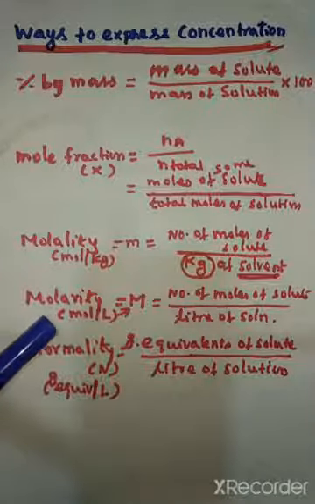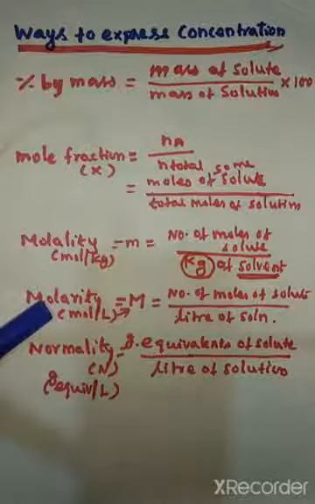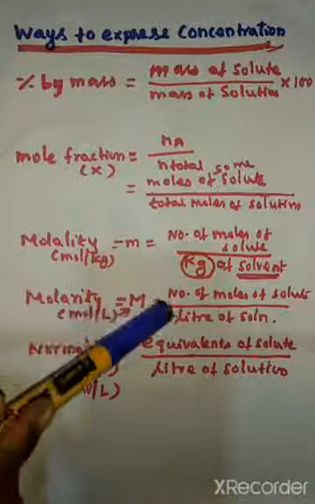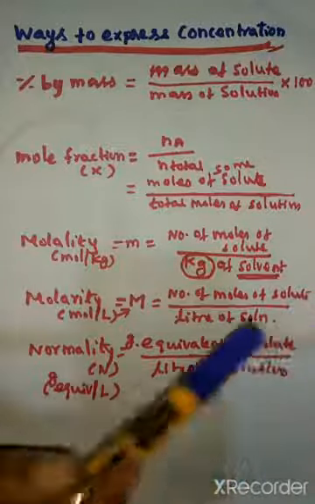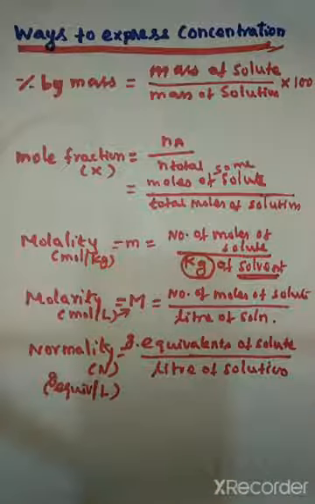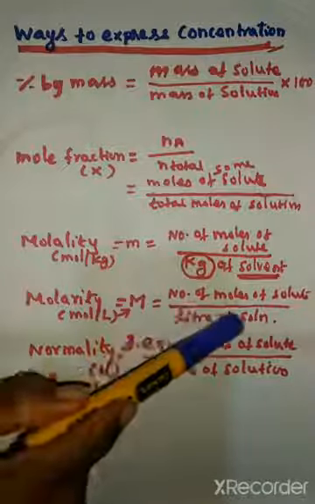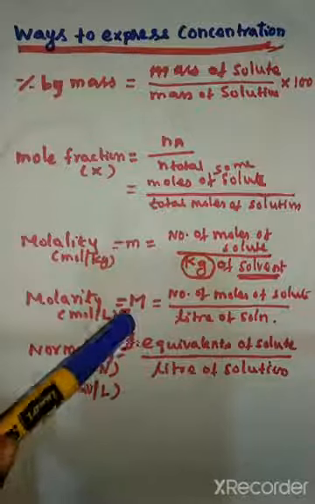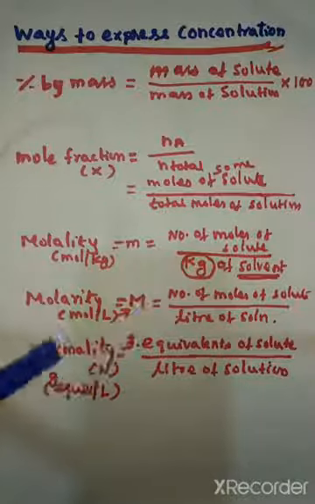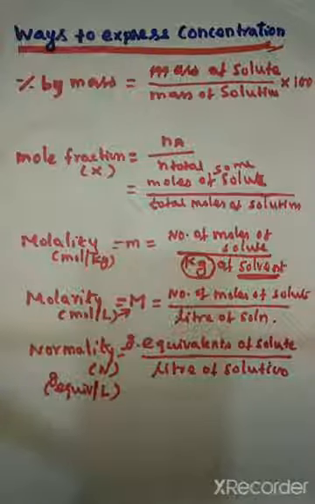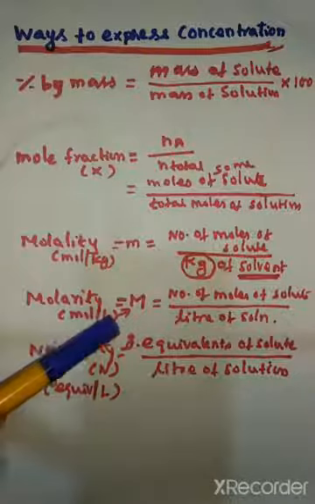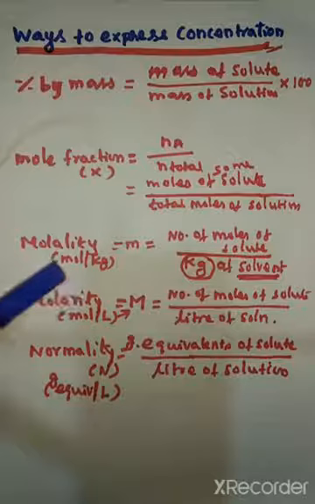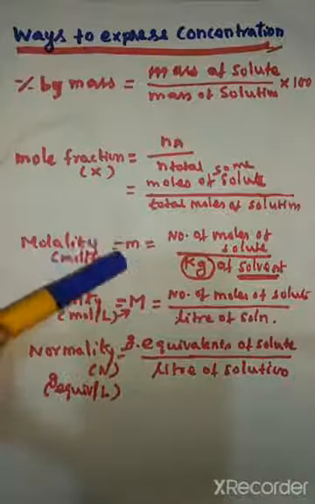And the molarity is defined as number of moles of solute present in liter of solution. The unit for molarity is mole per liter, but for the molality is mole per kilogram.